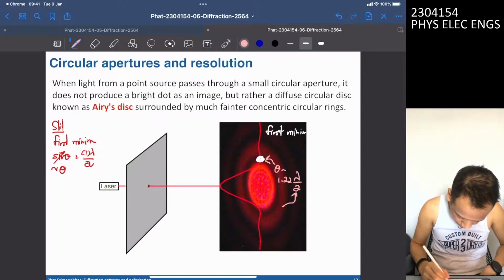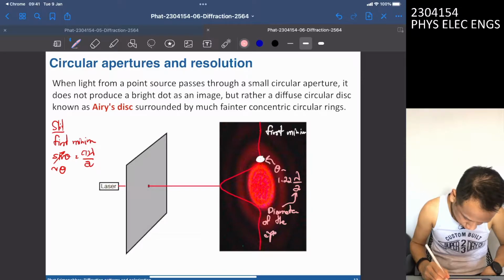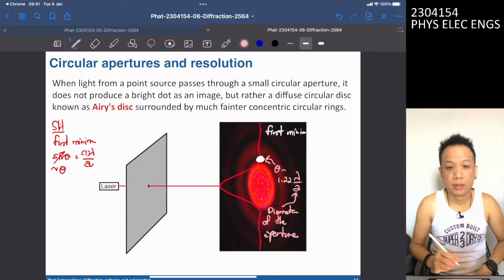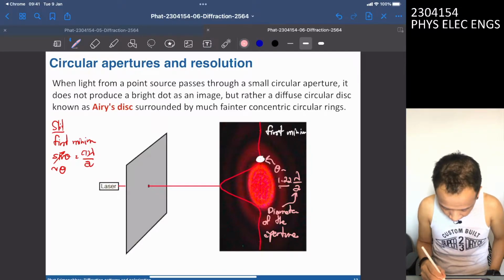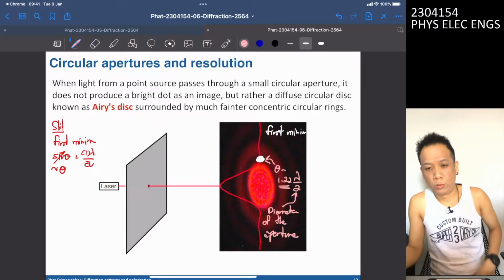So A in this case is the diameter of the aperture. So it has the factor 1.22 here.